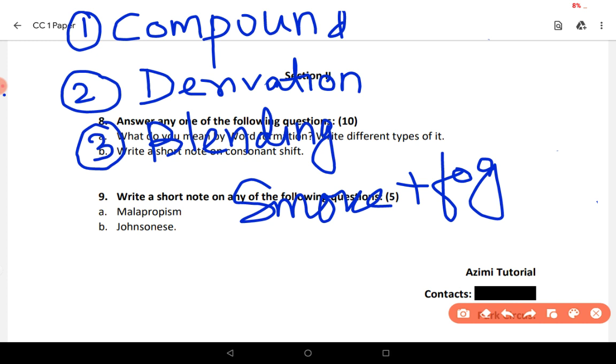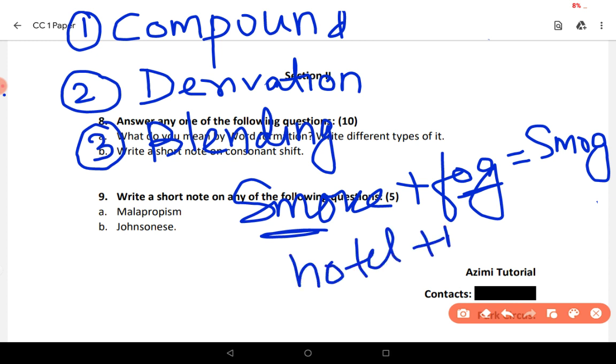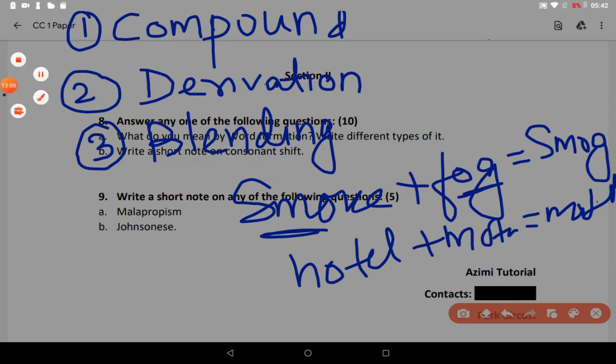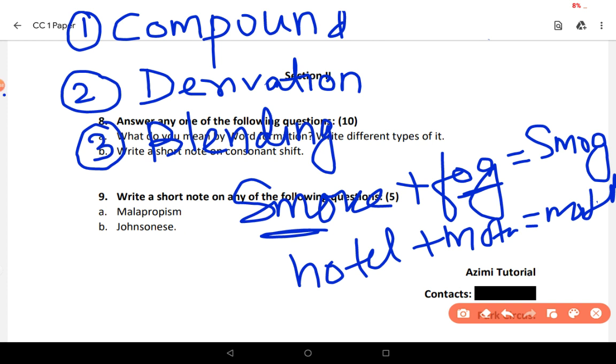From use we are getting useful, useless, regard, regardless, etc. Blending: in blending we take two words, we combine one part of this word with another part of this word, and what do we get? A new word, like smog, which is a combination of both. Again, hotel plus motor, we are getting motel. Another example would be stagnation plus inflation, we are getting stagflation.